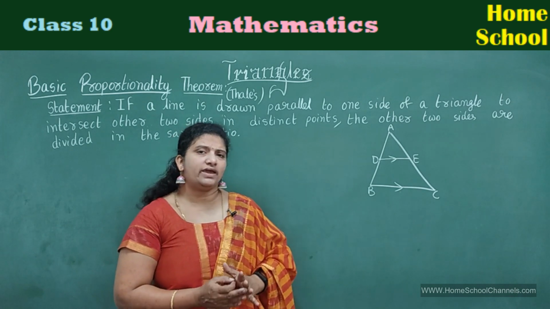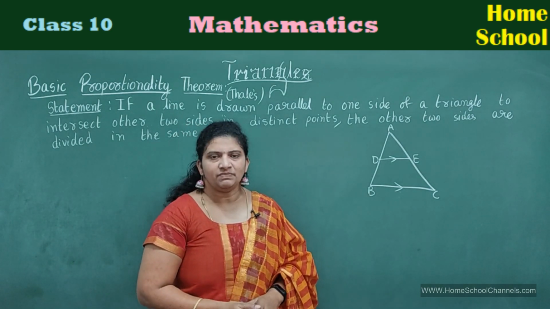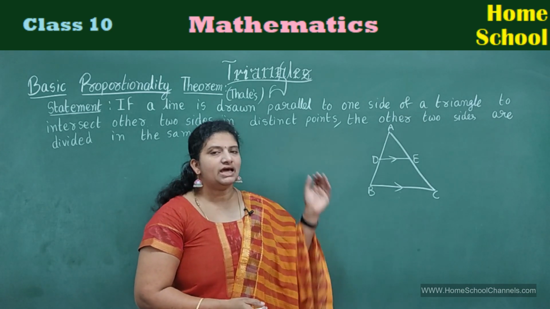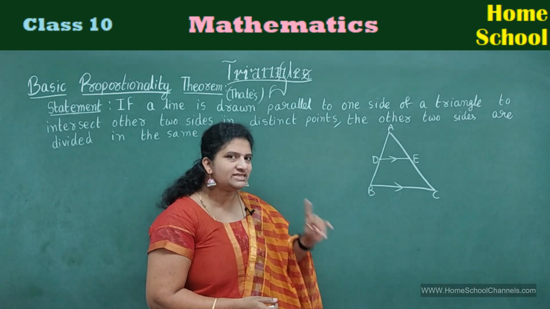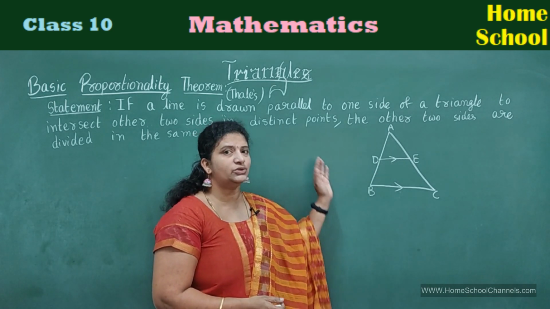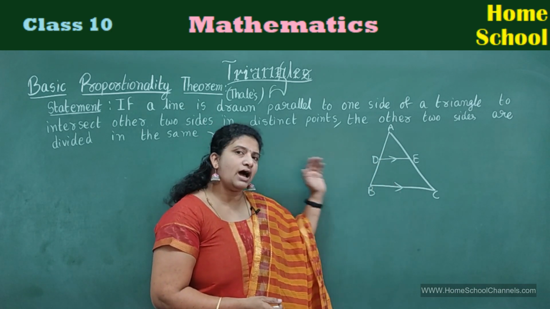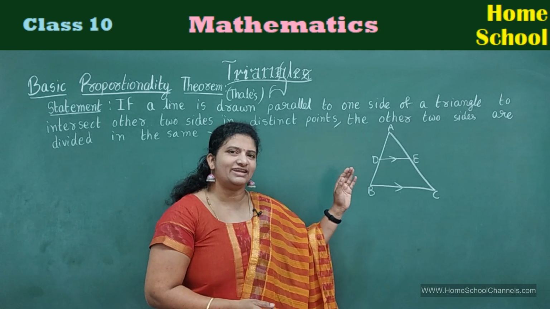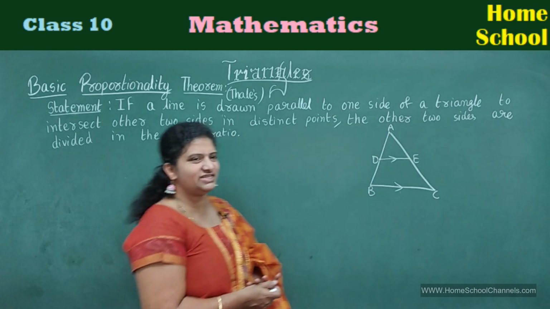So in this way, if you learn the statement, it will be very easy. So say along with me, if a line is drawn parallel to one side of a triangle intersecting other two sides in distinct points, the other two sides are divided in the same ratio. Okay, this is about your statement.